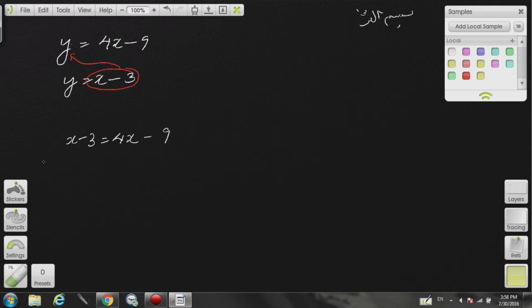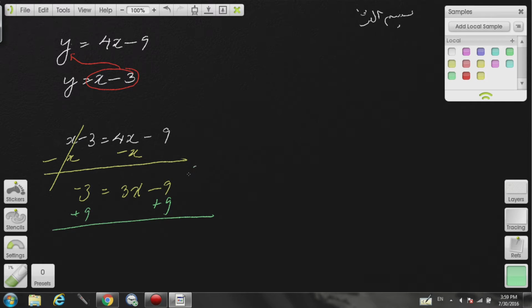Since you have x on both sides, you subtract x from both sides and get minus 3 equals 3x minus 9. And then you add 9 to both sides. This is 6 equals 3x, right? And divide both sides by 3. x is going to equal 2.